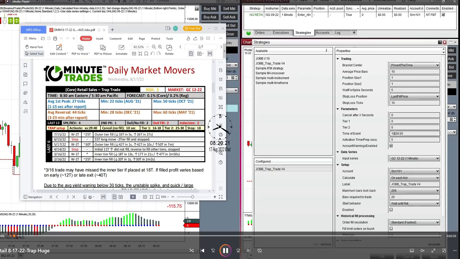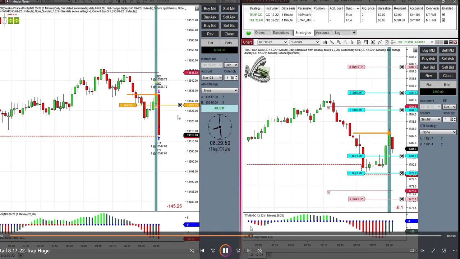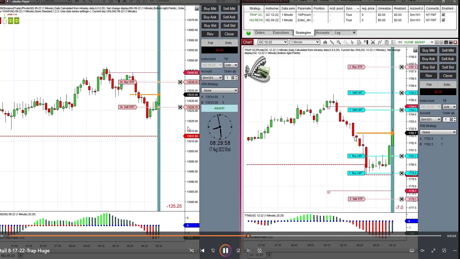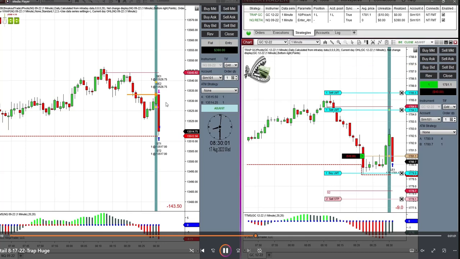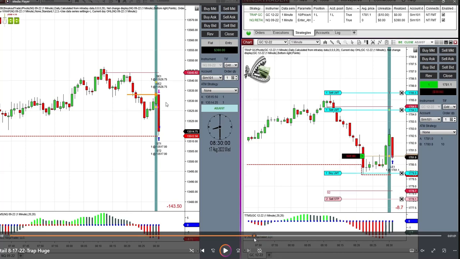Brackets are one cancel the other orders. They are not limits. This is real trade room video. This was a retail trap trade. Right chart today, right chart on this trade. Let's watch it a little more slowly here.